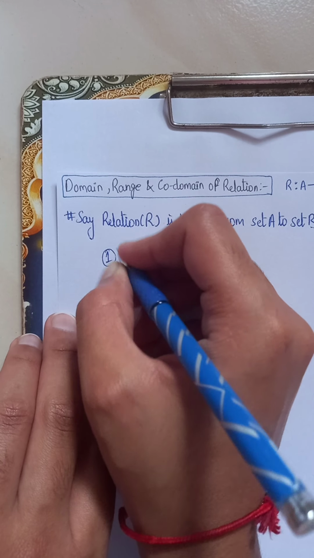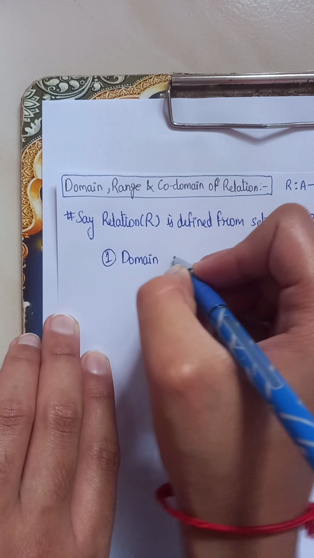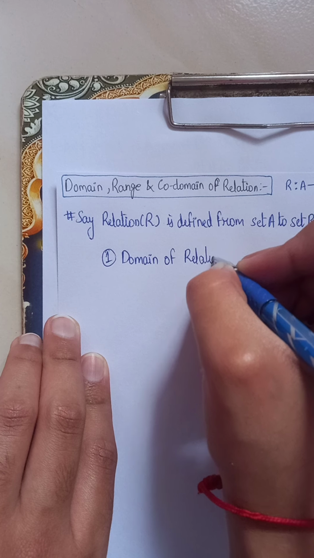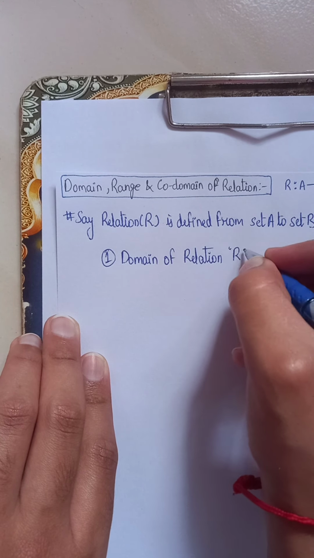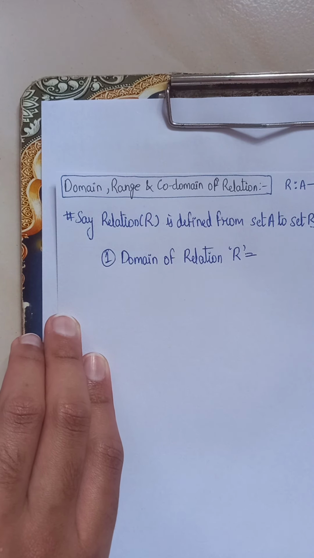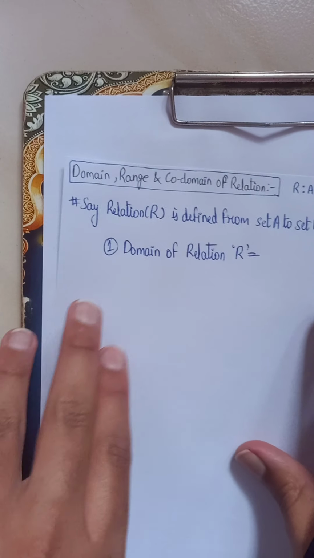So what is the domain of relation R? How do you calculate the domain?